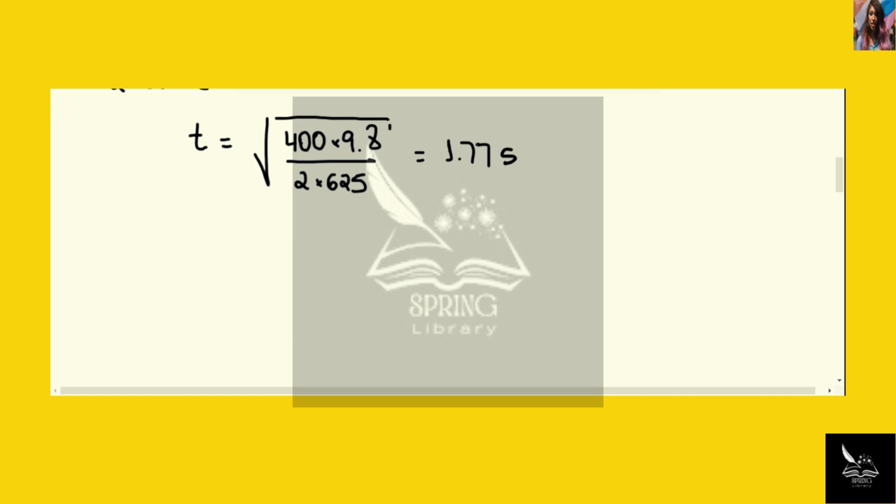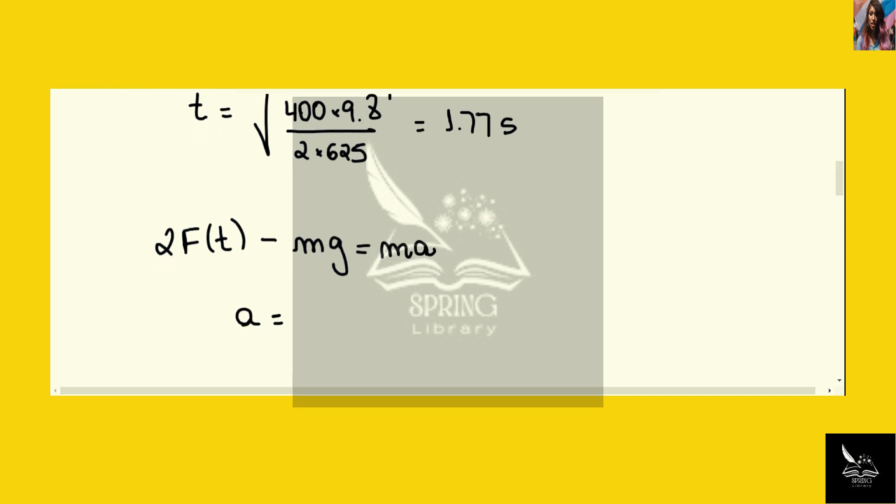So after that, the only forces that act on the block are the tension, which is 2 F of t, minus mg, and this is equal to ma. So the acceleration is 2F of t divided by m minus g.